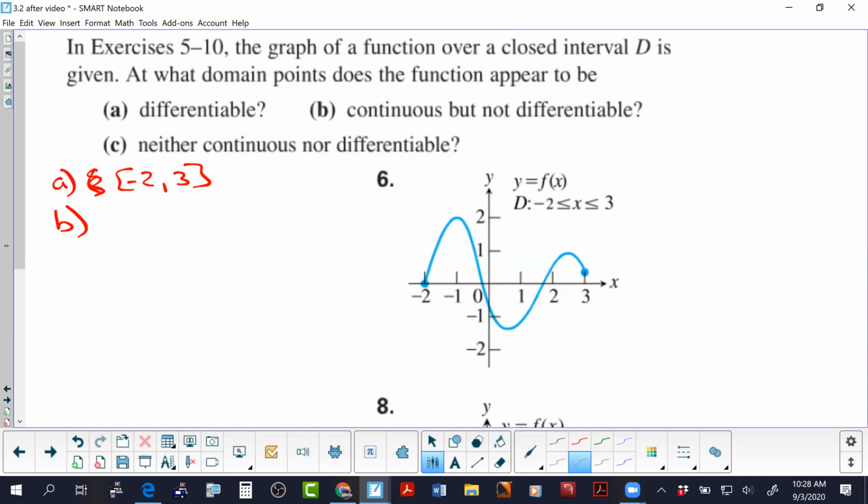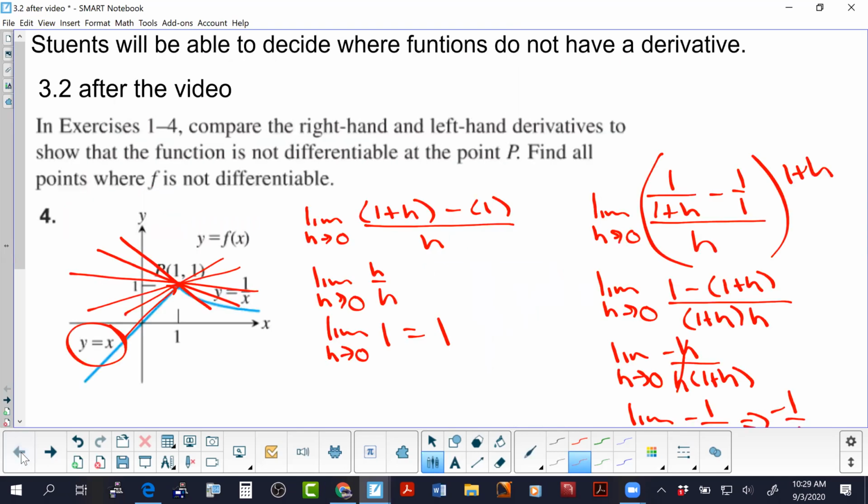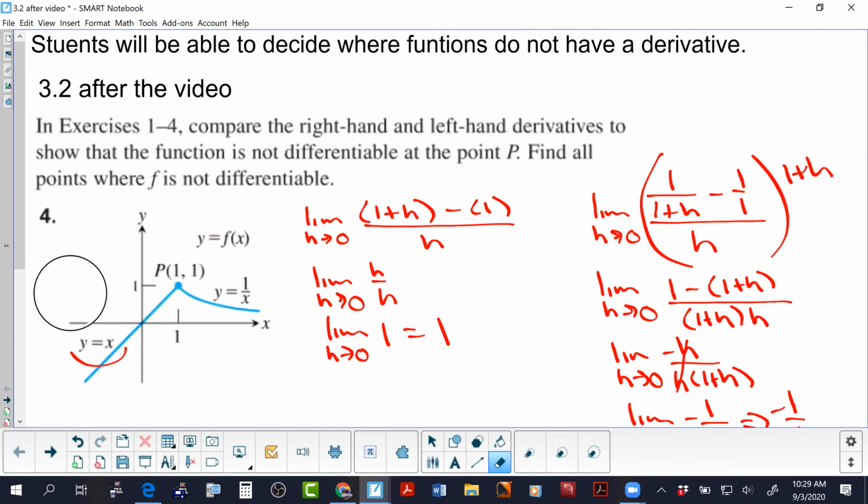B, continuous but not differentiable: none. Continuous but not differentiable is a cusp or a corner. It's still continuous there, but not differentiable. And we saw that on the last one, right here, where we had this cusp/corner hybrid place.